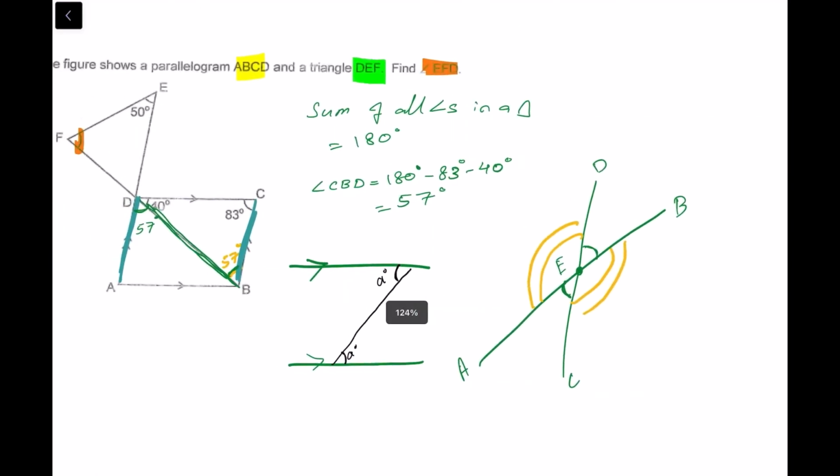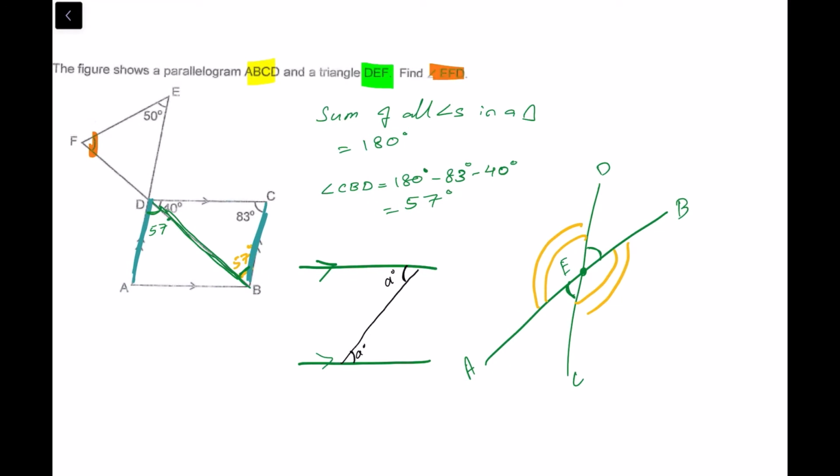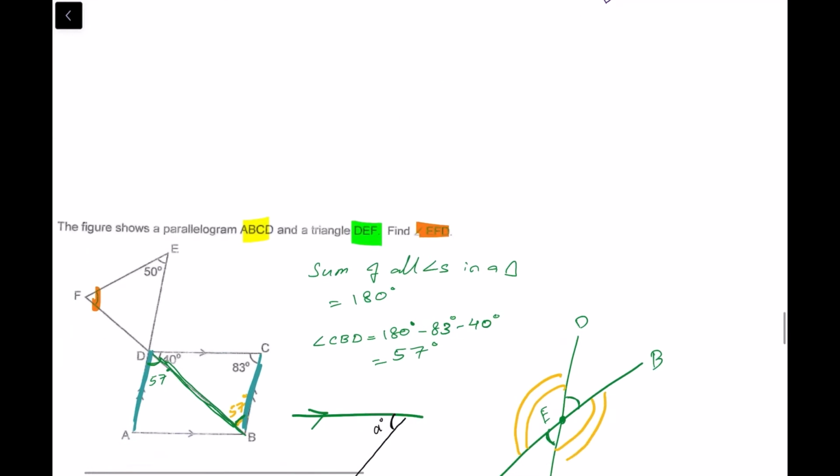These angles are known as vertically opposite angles.